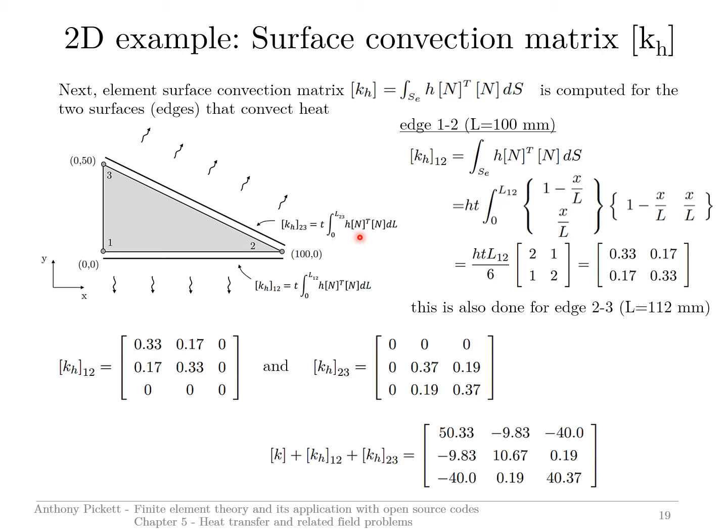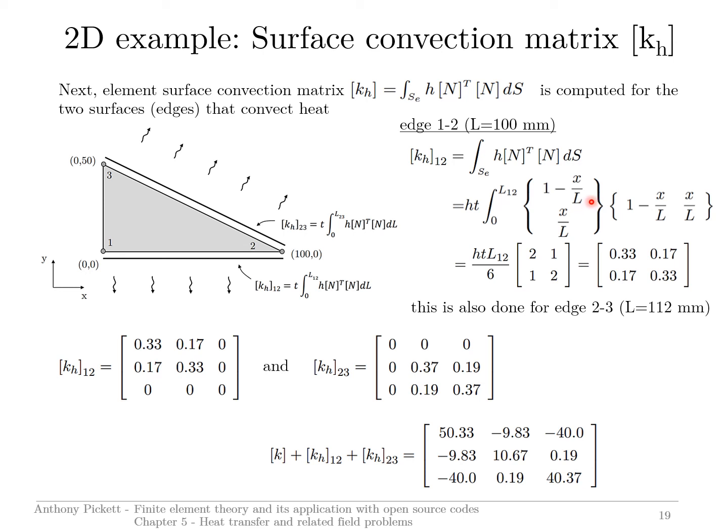If this was convection from a shell element or the face of a solid element, these would be shape functions for a 3 or a 4 node face, depending upon what type of element it would be, triangle or quadrilateral. So here are our shape functions for this 1D line element.